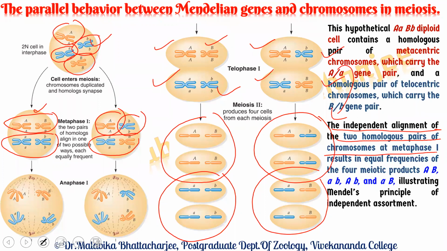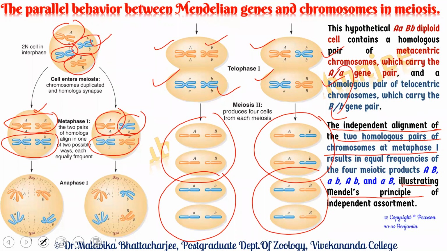So we have equal amounts of capital A capital B, small a small b, capital A small b, and small a capital B gametes, illustrating a similar concept to what we saw when we studied how alleles segregate, Mendel's principle of independent assortment. Capital A has been independently assorted and capital B has been independently assorted. So this was just a parallelism drawn with respect to how the genes behave during meiosis.